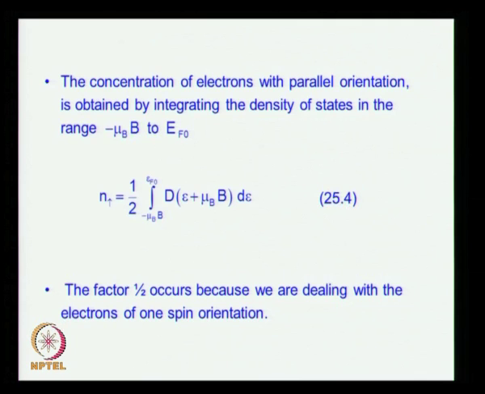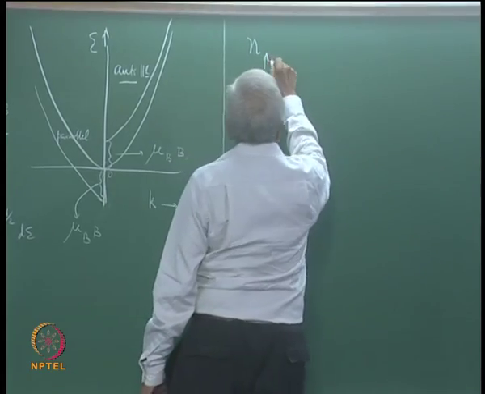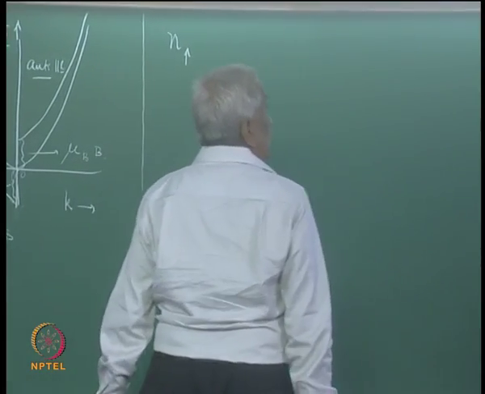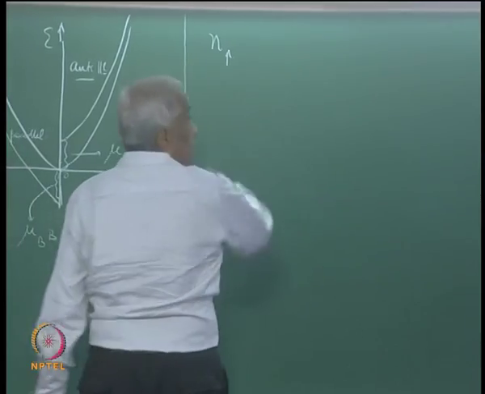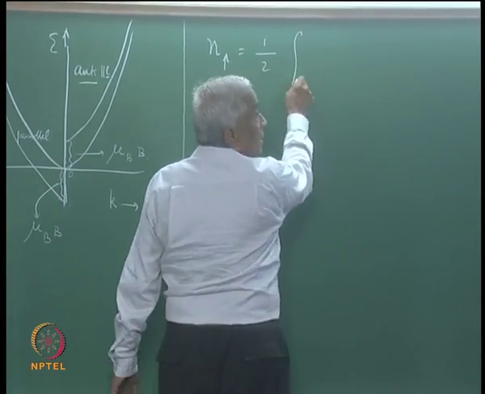be different. So, the consequence of this will be that the electron concentrations, if you consider the electron concentration in the spin up sub band, that will be half integral.